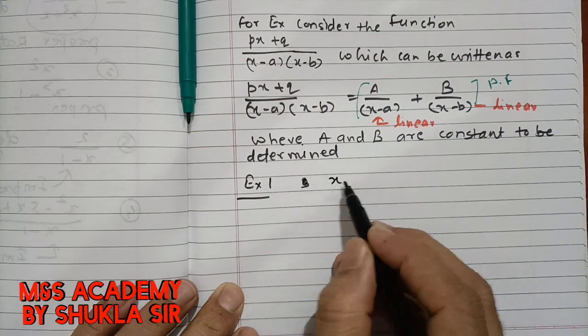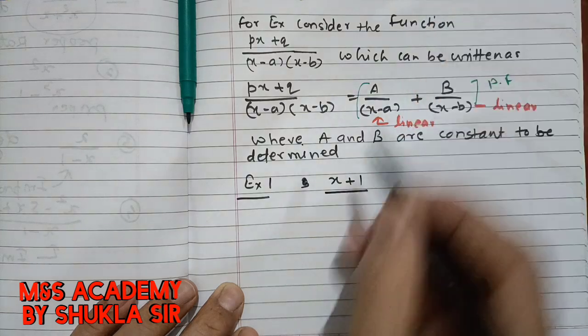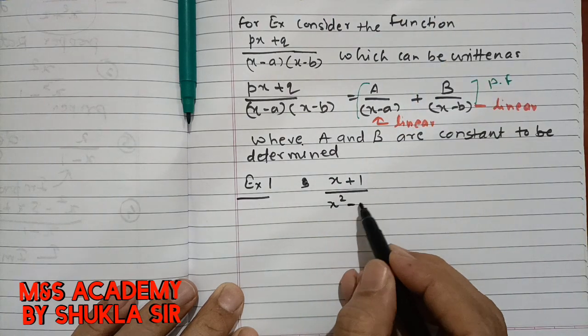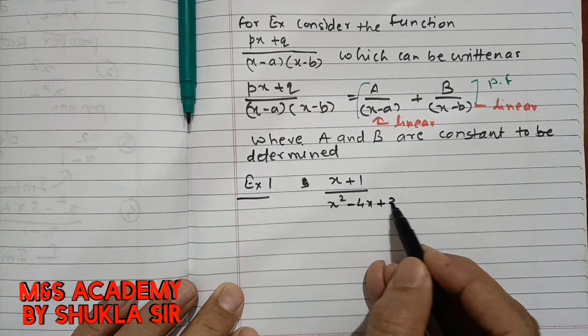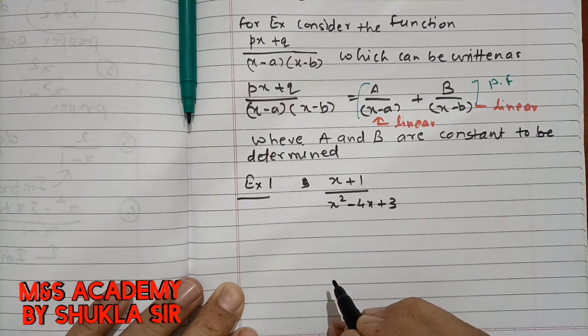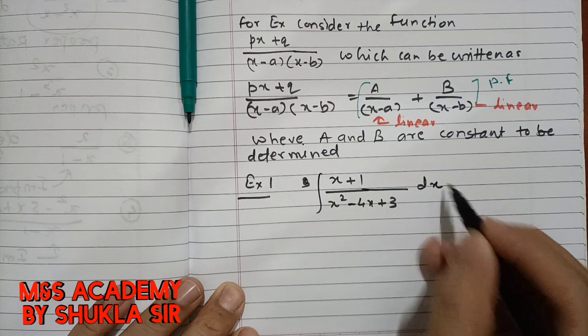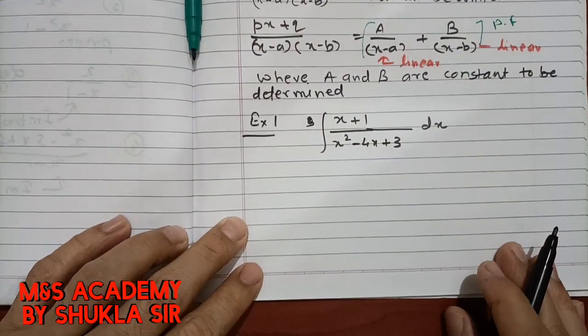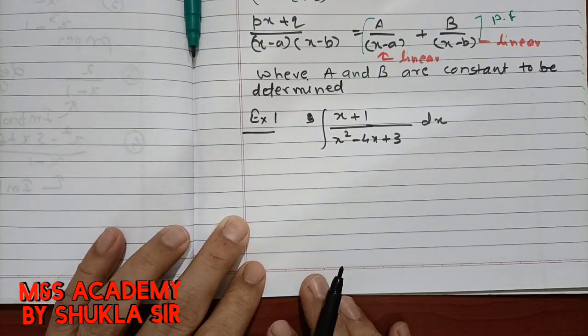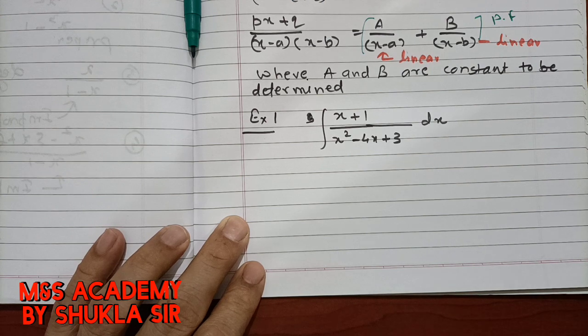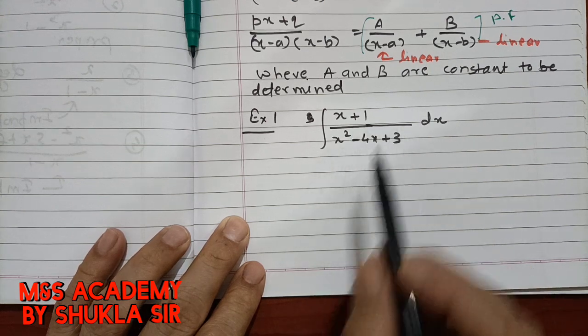So x plus 1 divided by x square minus 4x plus 3. Suppose we want to find the integral of this. Before finding the integral, we need to find the partial fraction for this.